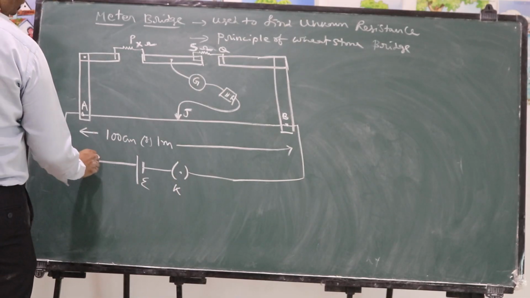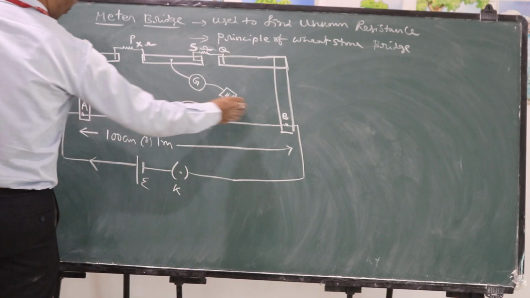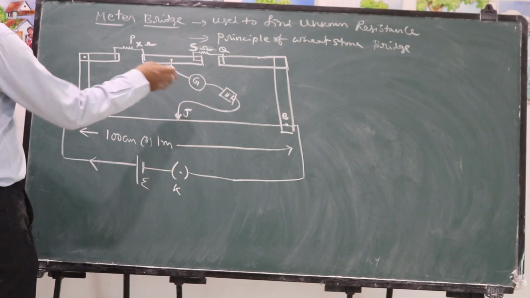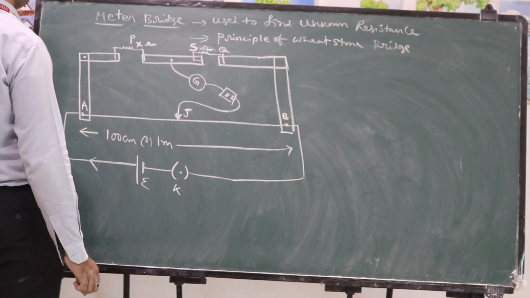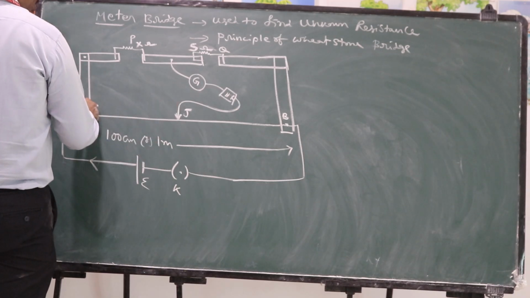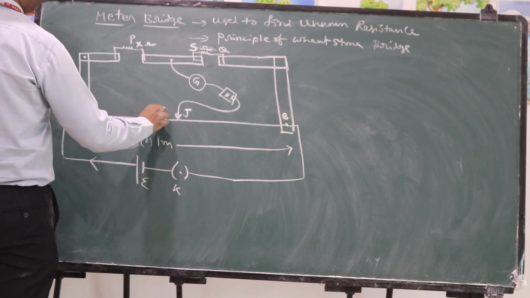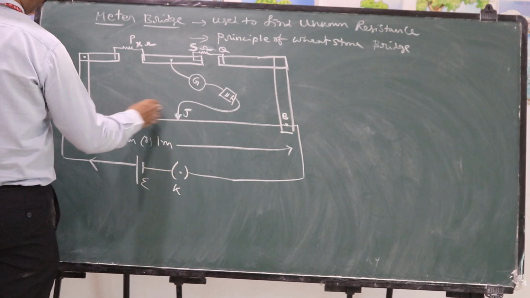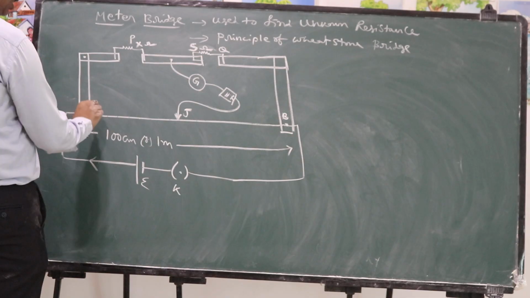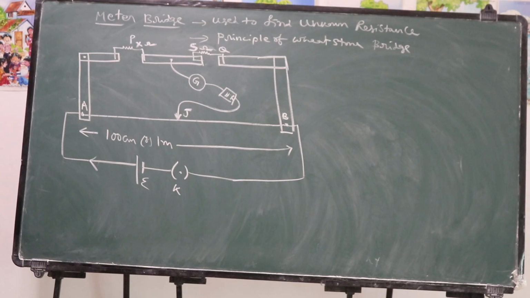So generally current passes from positive terminal of the battery, it will go like this. The EMF of the cell provides a potential difference between A and B. Now, if we move the jockey from terminal A to terminal B over the wire, slowly by tapping at single points, the galvanometer shows different readings.